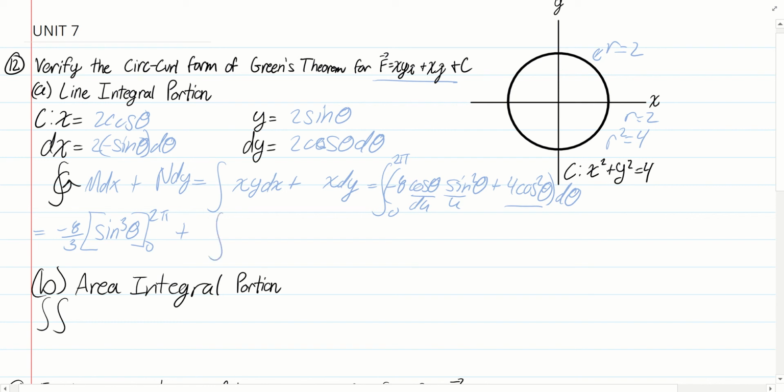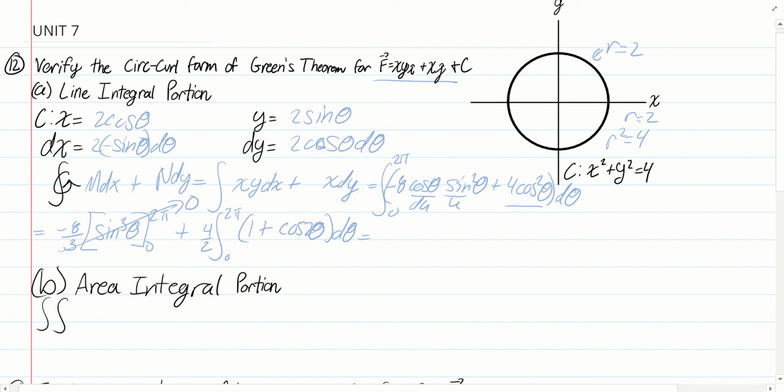So we have the integral from 0 to 2 pi still, and it's going to be 4 over 2 times 1 plus cosine 2 theta, all times d theta. This sine term here is going to go to 0 because sine of 2 pi is 0 and sine of 0 is 0. So this is going to go to 0 anyway.